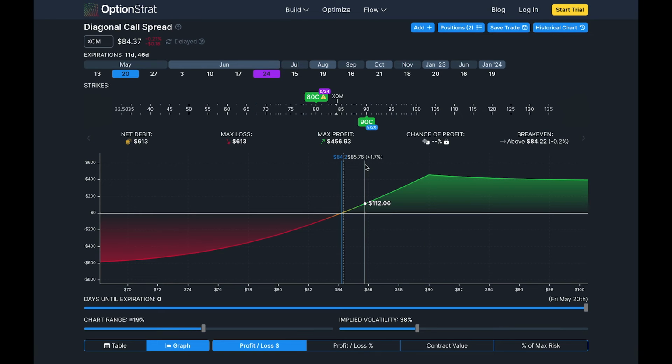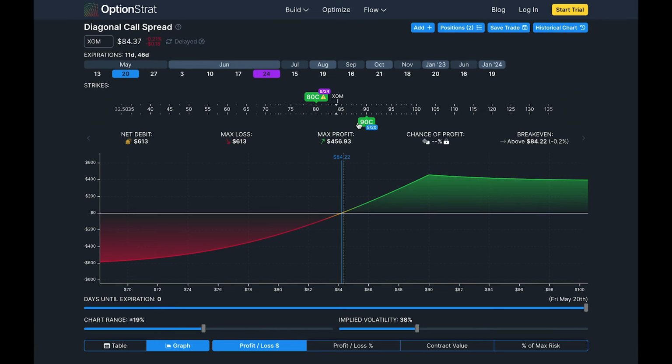What's neat about the diagonal spreads is that because this is such a long dated call option, this 80 call right here, you can sort of use it as a stock replacement. That is, instead of buying 100 shares of XOM and then selling a 90 covered call on it, you could just buy this 80 call option, which replaces your stock. And now you can sell covered calls on that option position.